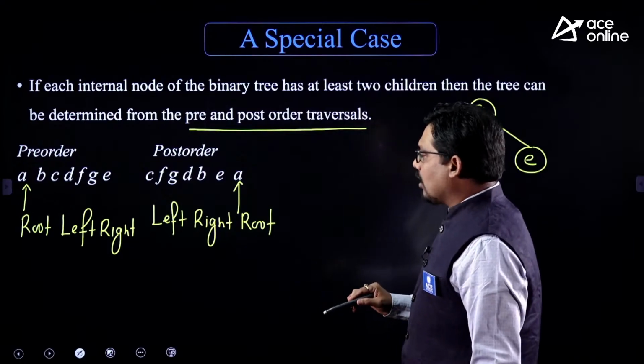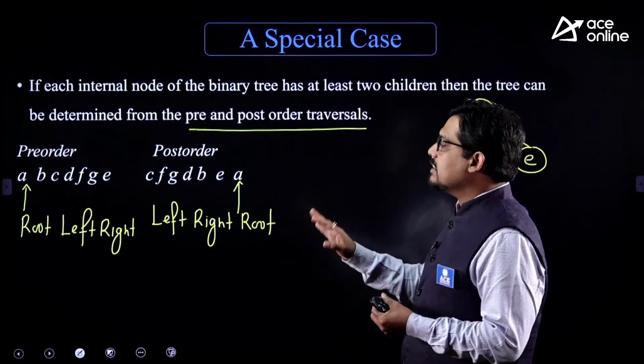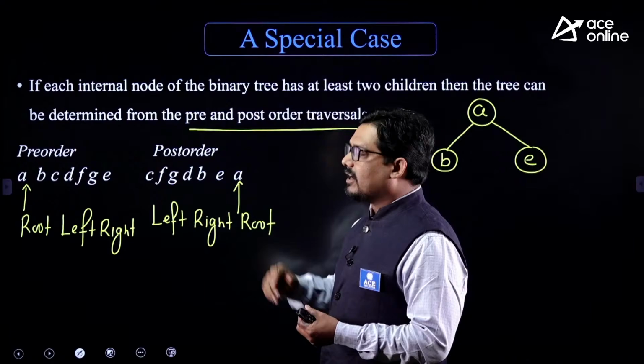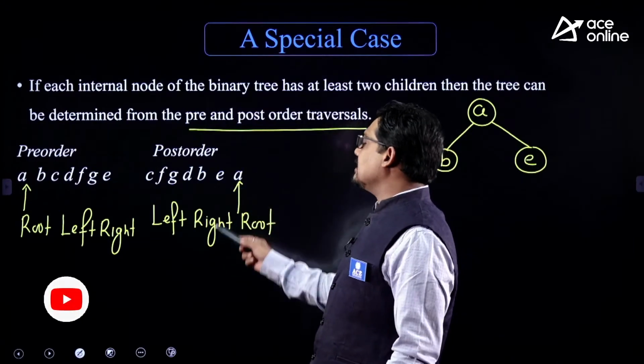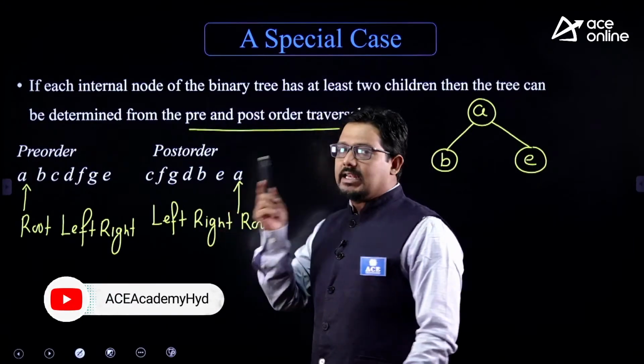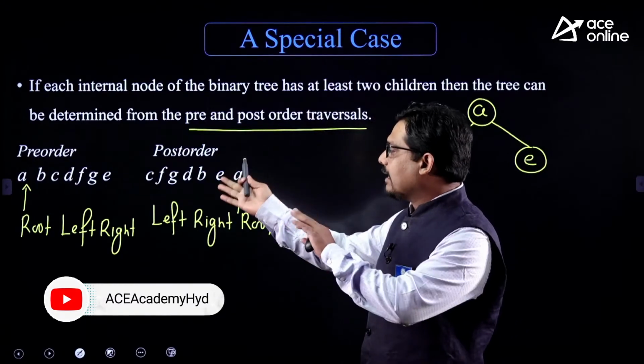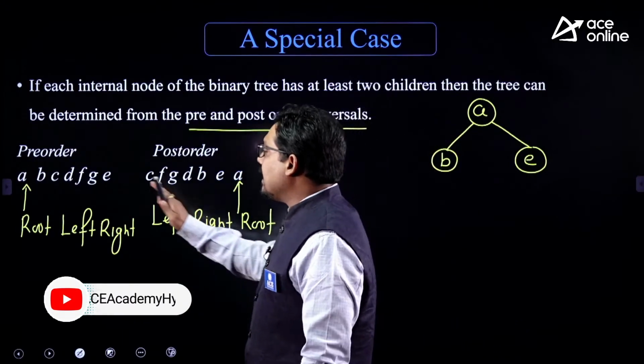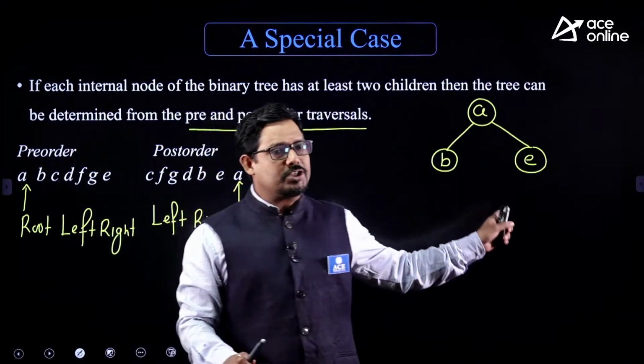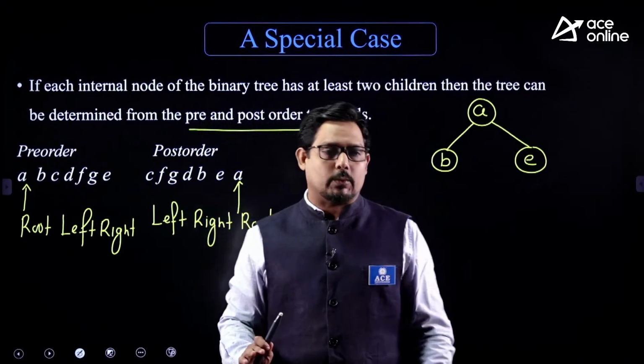Okay, E. So root, left and right. Now I know that after the root, left and right will be visited, and B is the root of the left subtree. Now I use this information to divide my sequence.